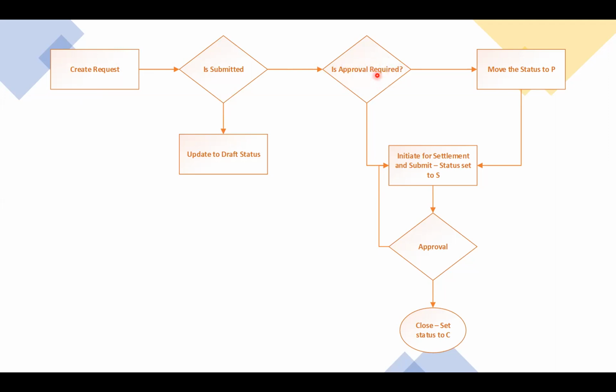And if approval is required, we have some config tables to meet this criteria, and using those config tables, we will publish some APIs. So it will tell us whether approval is required or not. And from there, if the approval is required, it will go to approval status.